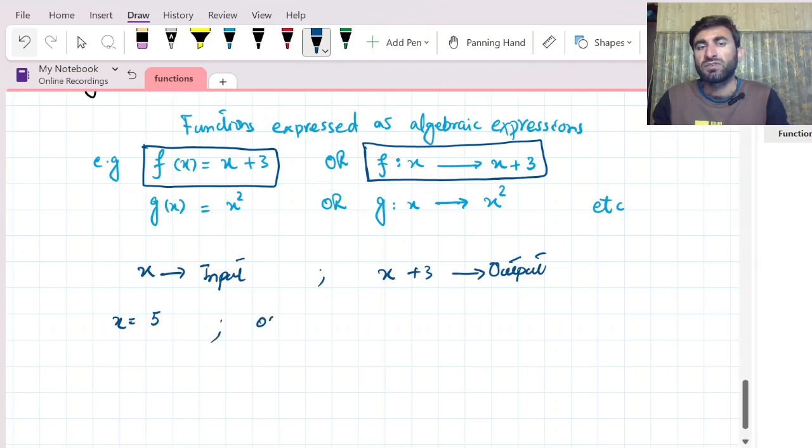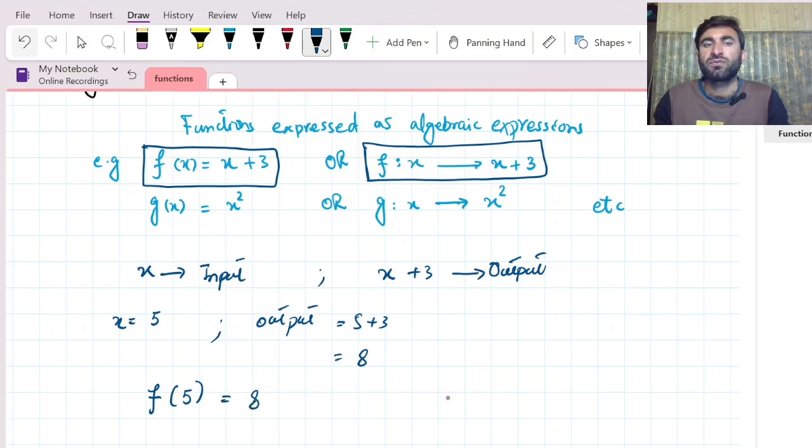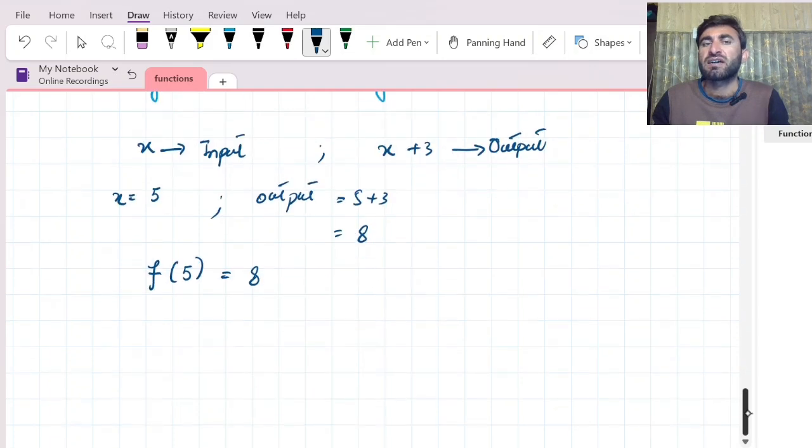The output will be 5 plus 3, which equals 8. So it will be written as the function f of x, now replaced by 5, will equal to 8. f of 5 is equal to 8. So that is how the functions are dealt with.